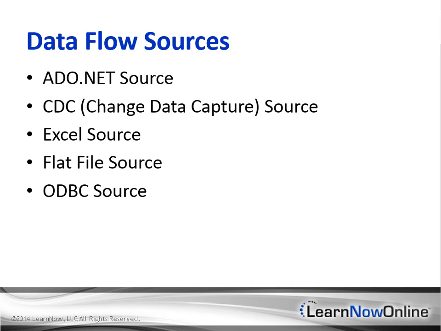But there are some older data stores that only have ODBC, and so Integration Services supports that. And then, as I mentioned, there's the OLEDB source. So this uses an OLEDB provider. Most databases these days are compliant with the standard and have providers that either Microsoft provides or third parties provide.